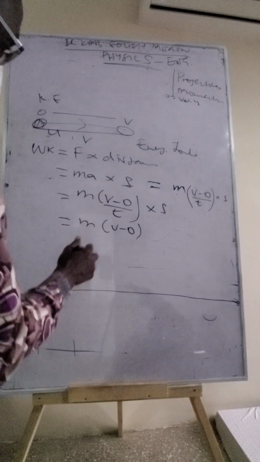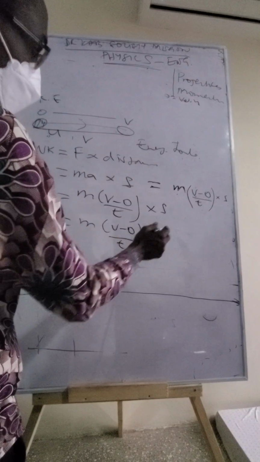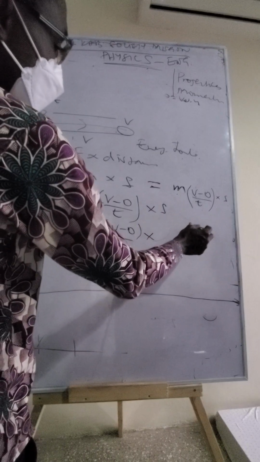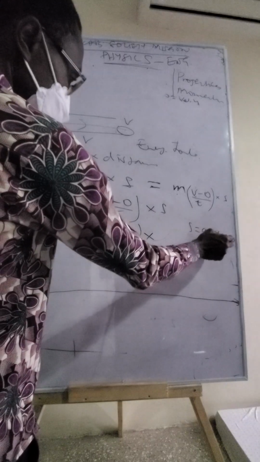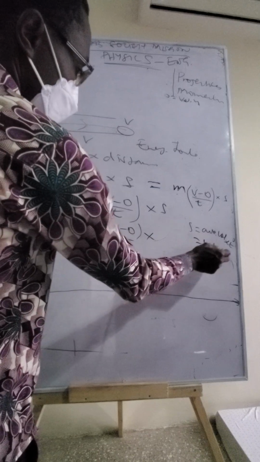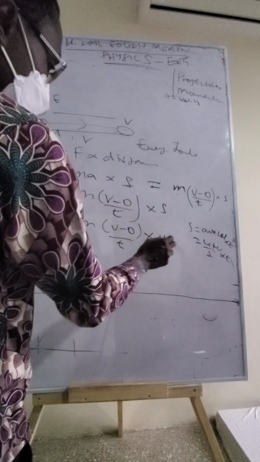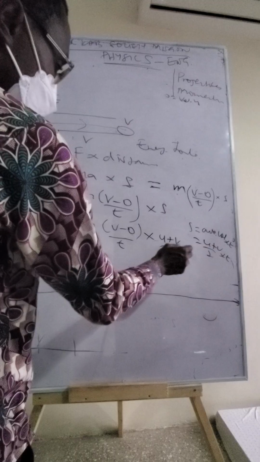Okay, so at this point, this is work over t times s. Distance is also given by your average velocity times time, which is the same as (u plus v) over 2 times t. So let's substitute this one here. So we're going to get what? (u plus v) over 2 times t.